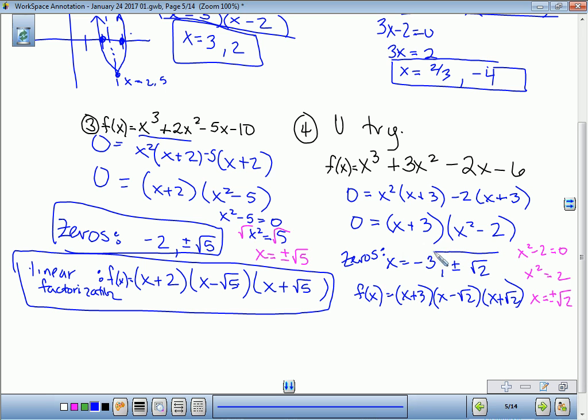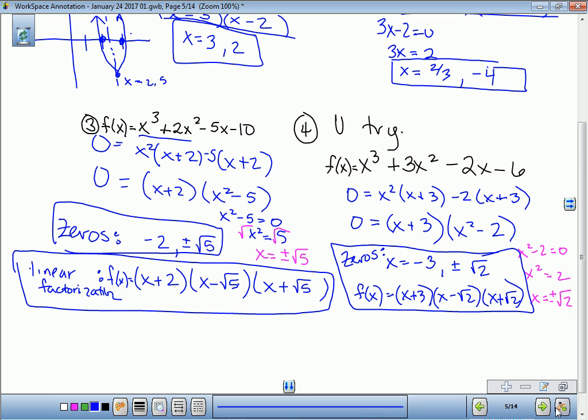Okay, so that's our complete linear factorization along with our zeros. Why is it plus or minus root 5 when if you look at it, it's x squared minus 5? Don't we know that it's positive root 5? Well, if you're trying to get it to equal 0, if I square positive root 5, or if I square negative root 5, I get 5.